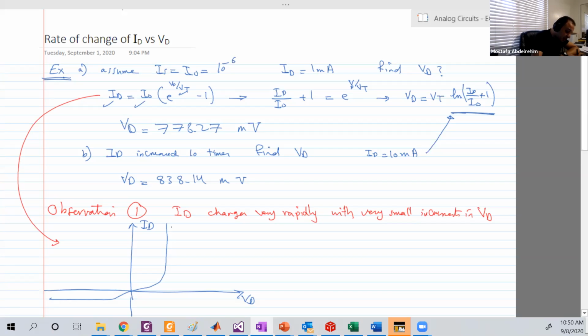What we explained right now was all positive, right? ID was positive, VD was positive. So we are interested in the positive part here.